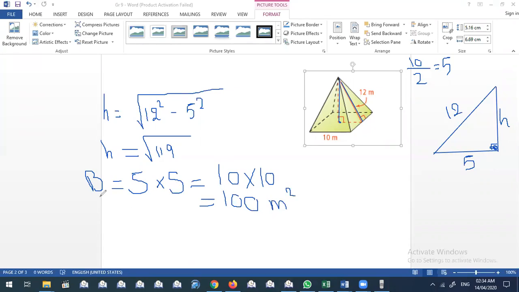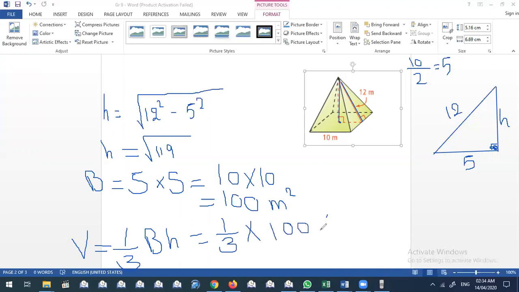Now you have B, the base area, and you have the normal height. You can find the volume of this pyramid, a third B H. Means a third times B, which is 100, times H, which is square root 119.